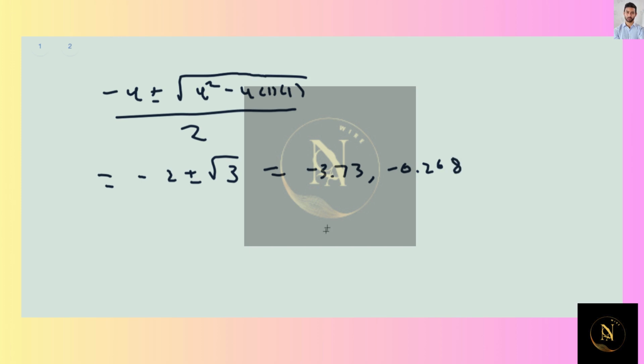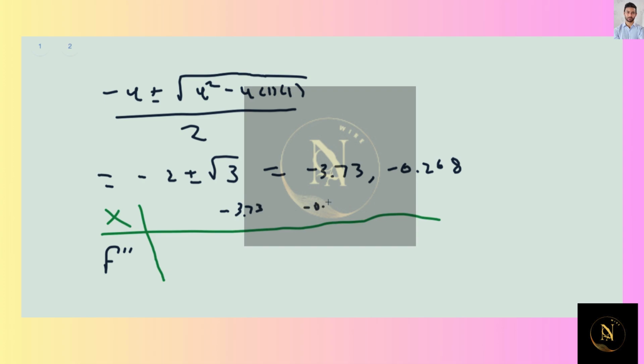So now that we know our 3 points where the second derivative is equal to 0, we can evaluate where sign changes occur for f double prime, and see where exactly the inflection points are. So this is going to be negative 3.73, negative 0.268, and then 1.